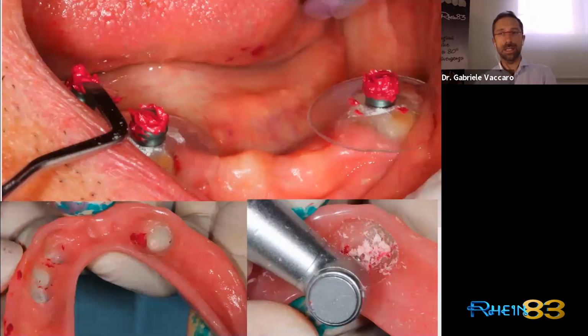Also, you can check by asking the patient to close the mouth, and if he is feeling normal, it's okay. Usually, he feels that something is wrong if the denture touches or is lying over the female cap.